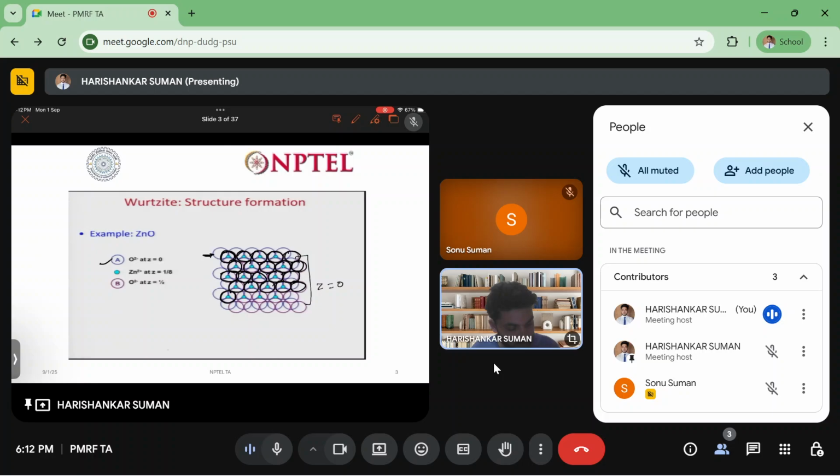This is the B layer. Again Z equal to 1, which is like that, again Z equal to 0, the same, all of that at Z equal to 0.